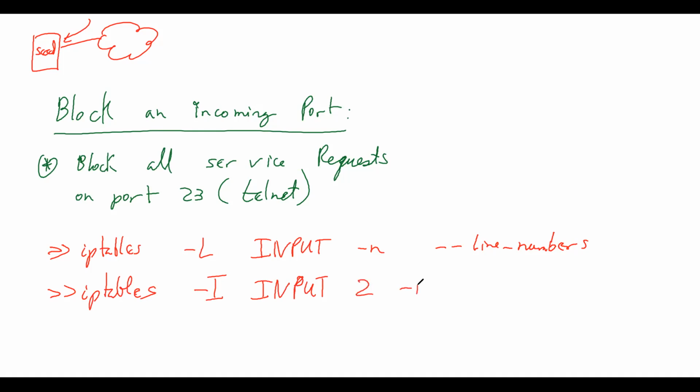What are you going to do here? -p tcp, it's telnet, --destination-port 23, and then -j DROP. It's the same thing. So any packets going into the device itself on port 23 will be dropped. And that's it. Any questions? Okay, I'm not hearing any questions.